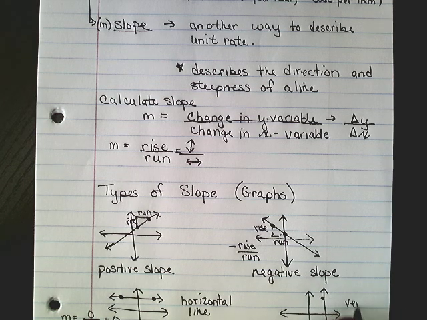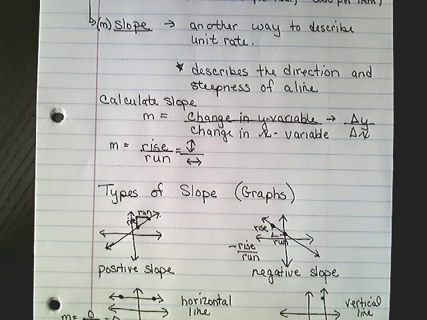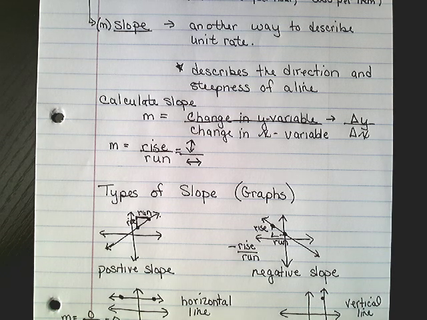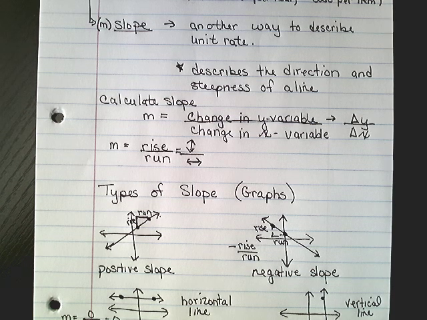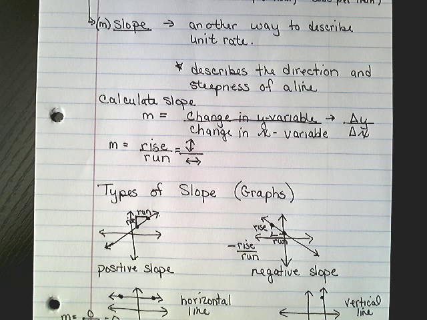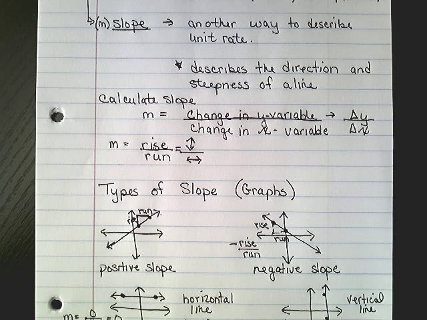Okay, and then the last example that we have, we have a vertical line. You cannot have m equals a number over 0. You can never have a 0 in your denominator or in the bottom part of your ratio.